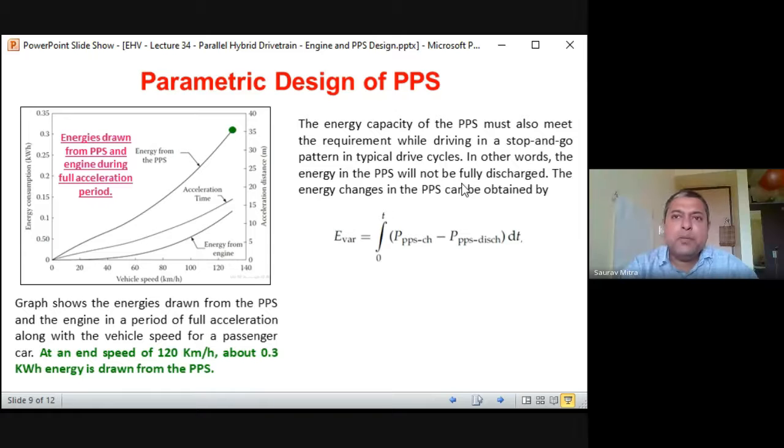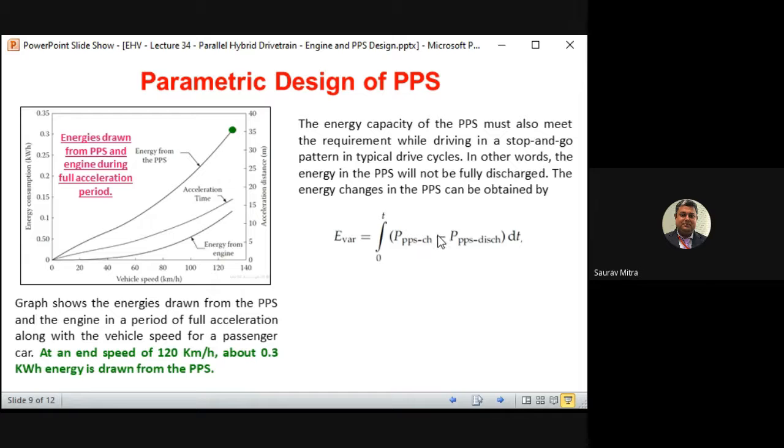Whenever the vehicle is decelerating, we are pushing the brake. The brake is an electrical brake, and that actually generates some PPS charging energy. So how much is the average energy whenever there is stop and go? It is P_PPS charging minus P_PPS discharge. This is a very important thing, and it is only for the within-city stop and go environment.